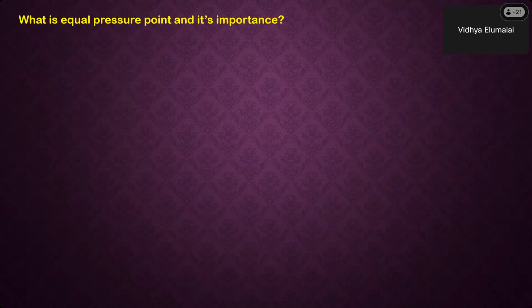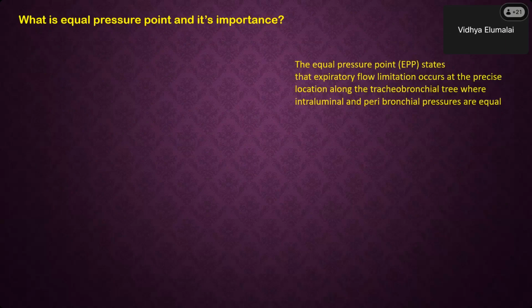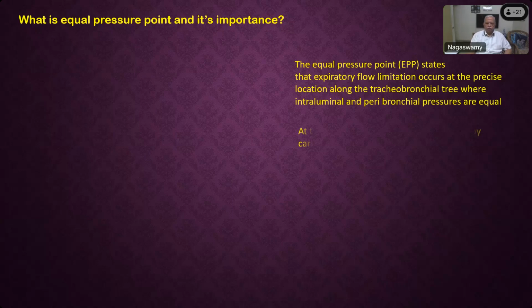The equal pressure point states that expiratory flow limitation occurs at the precise location along the tracheobronchial tree where intraluminal and peribronchial pressures are equal. Okay, so if you see a picture of that, at the equal pressure point, airways that are not supported by cartilage will collapse. This is the importance of that.